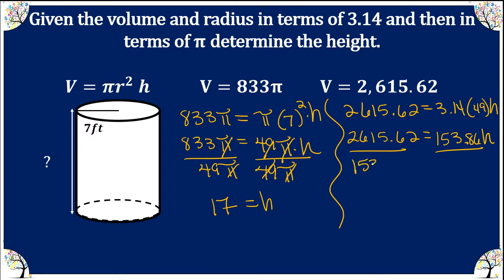Divide by that coefficient, isolating h. 2,615.62 divided by 153.86 gives us a height of 17.